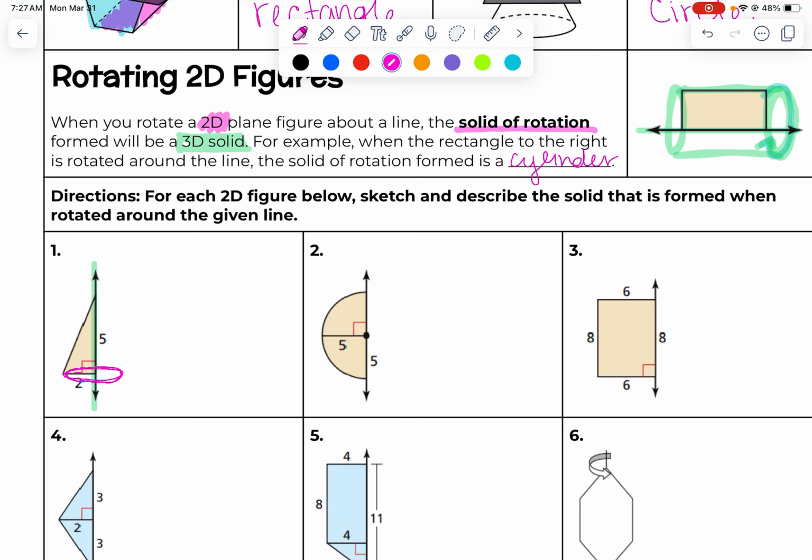But also, we have this side length, and if it's triangular on that side, we also know it's going to be a triangle on this side. So we have that circular base, and a triangle on top, which means this is a cone.